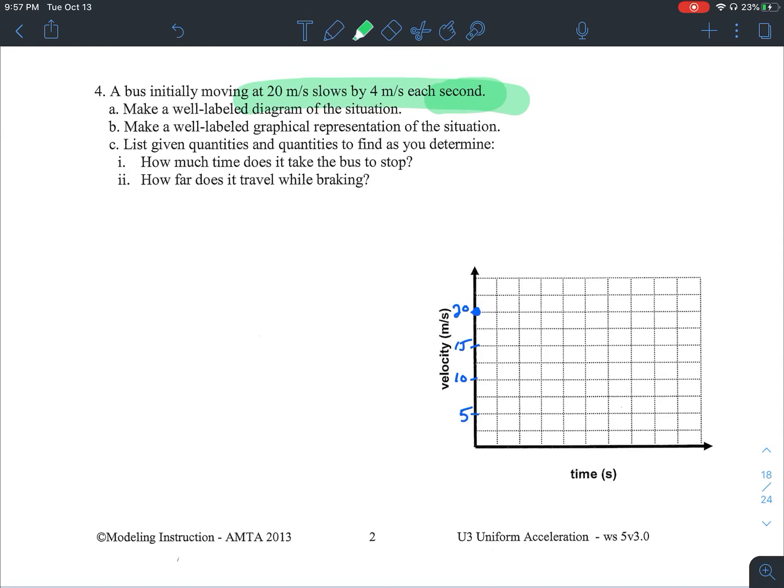Because we're at 20 meters per second, and each second that goes by, we decrease by 4. So it's 16, 12, 8, 4, and 0. So those are our 1, 2, 3, 4, 5 seconds of time going by. So we could logically think through that and then plot out our graph. Does that work?